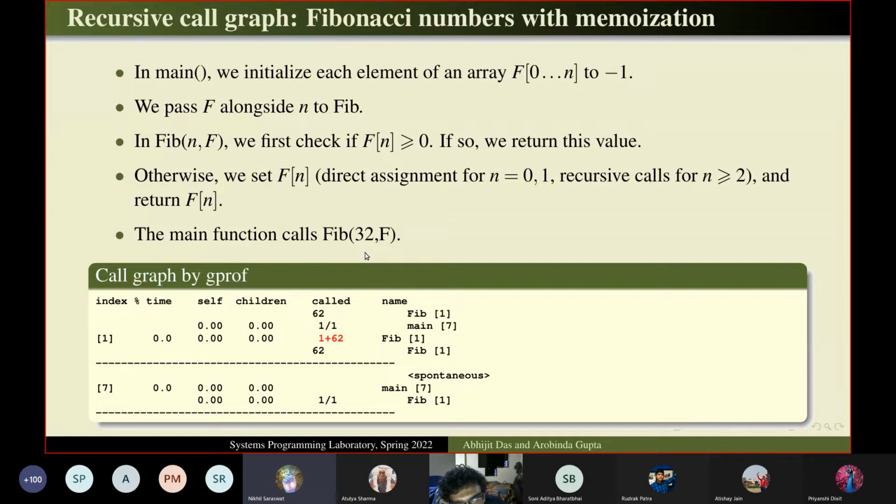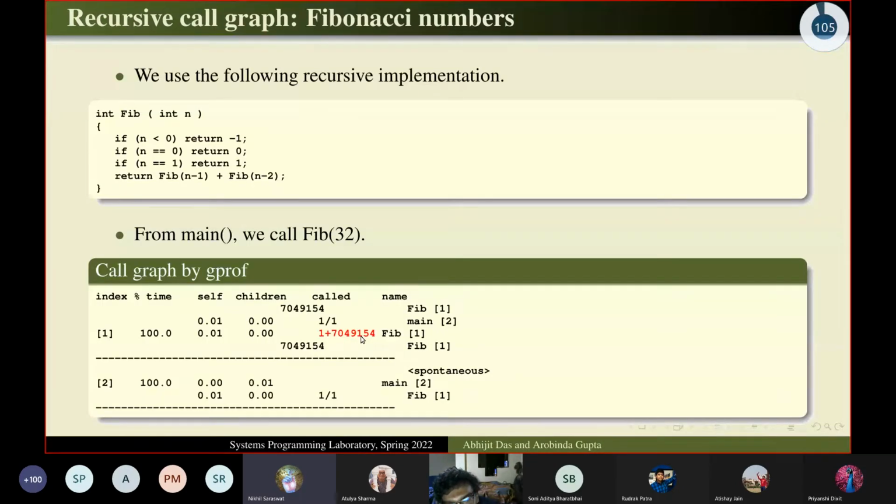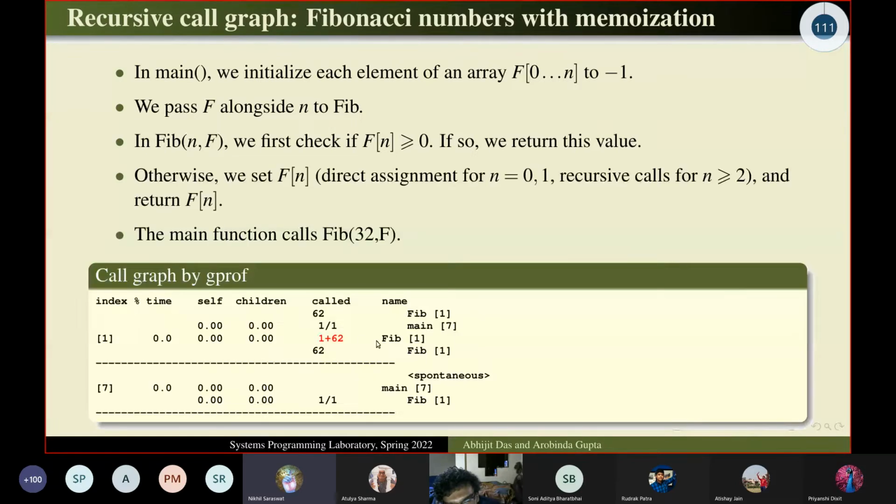And now if you see the call graph profile, you see that recursive calls are definitely made, but instead of the earlier 7 million recursive calls, I have now made only 62 recursive calls.